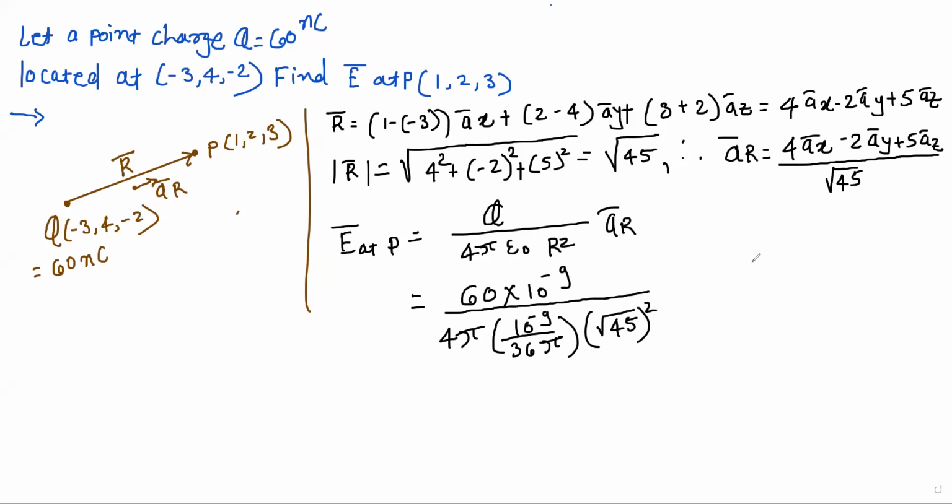Then we have the unit vector a bar R: 4 a bar X minus 2 a bar Y plus 5 a bar Z, divided by under root 45.